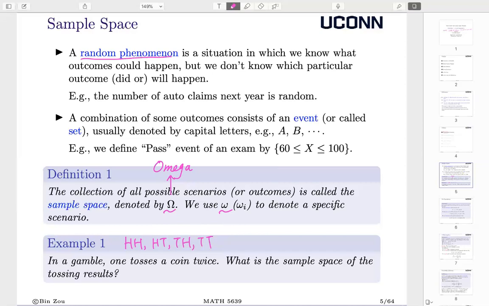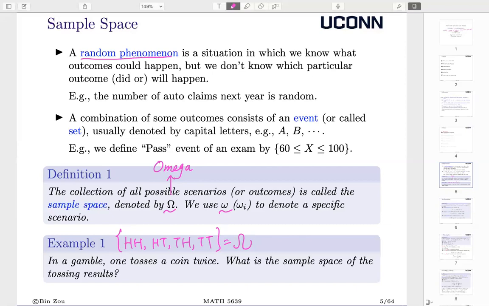Whenever you toss a coin, you get either a head or tail, so for each toss there are two results. You toss the coin twice, so 2 times 2, you get 4, a complete exhaustion of the scenarios. So this is the sample space for this example.